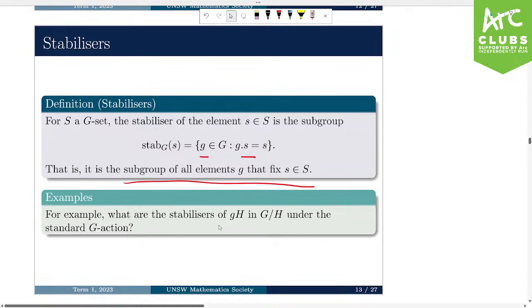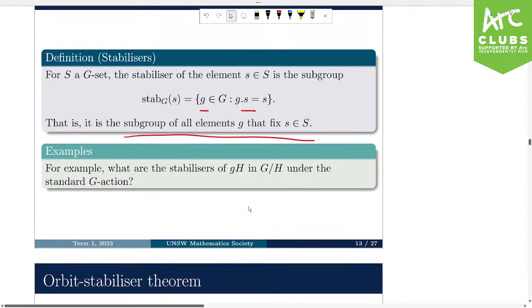An example here: the stabilizer of gH in G mod H. I'll denote the group element with g dash.